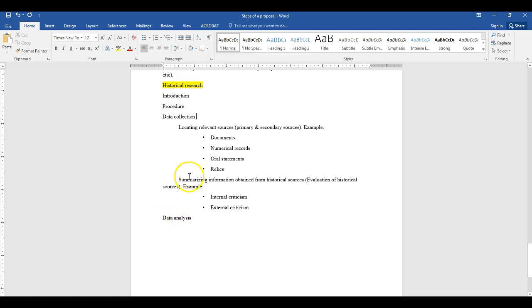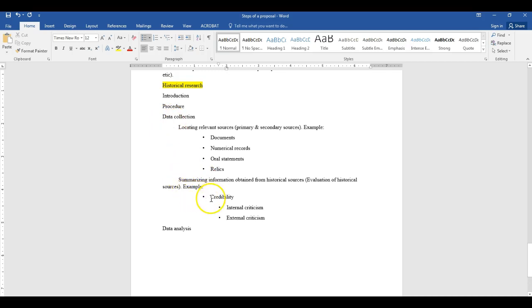So summarizing information, you're going to tell me about how you're going to summarize it, and then have internal and external validity as part of credibility.